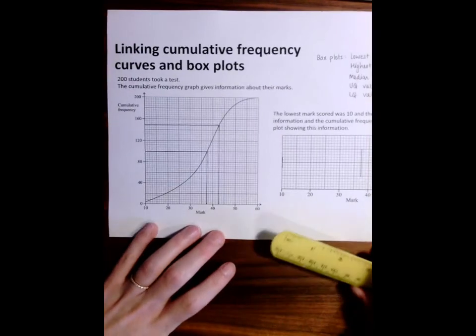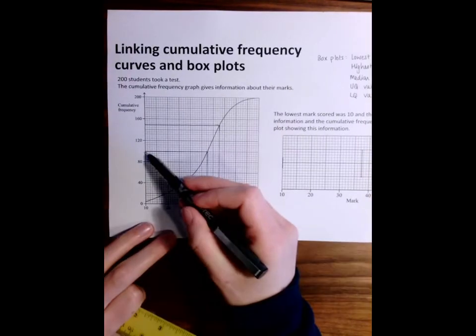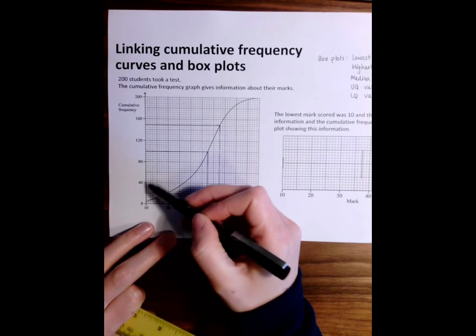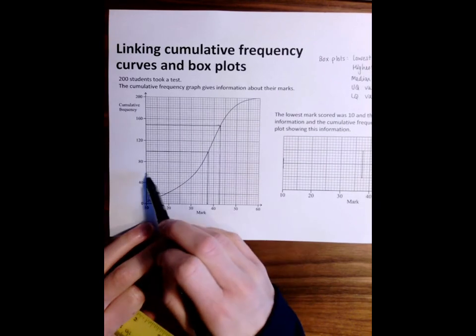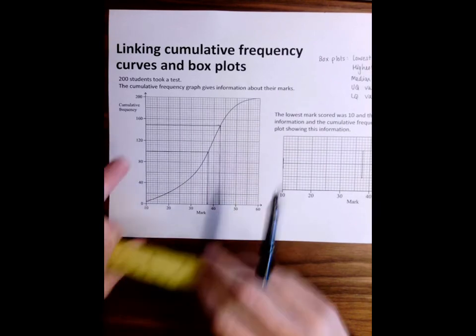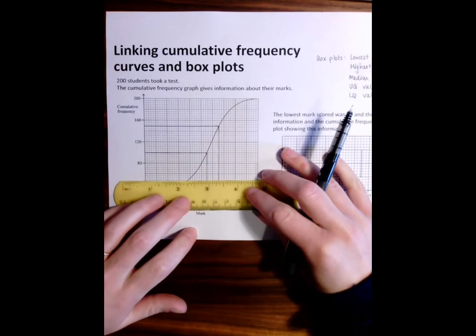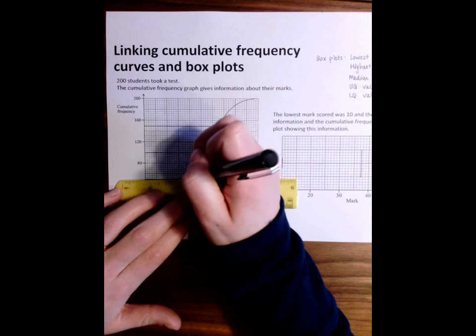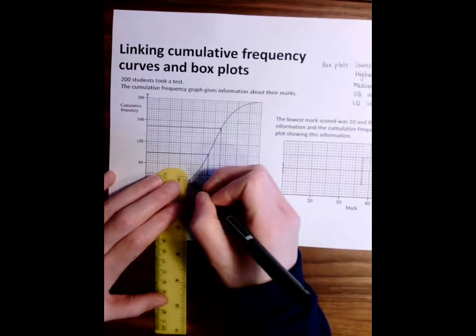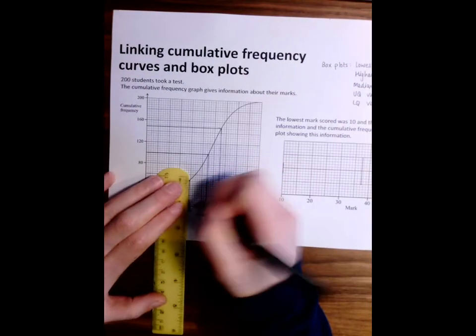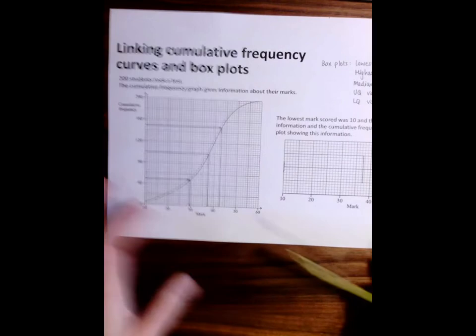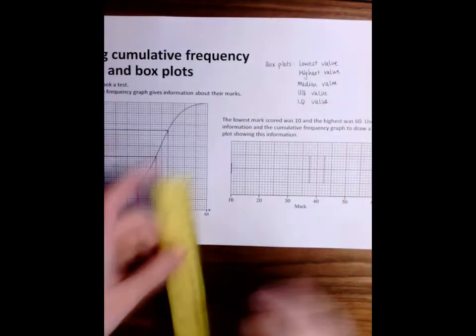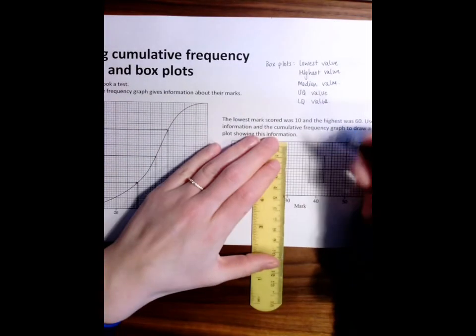And then do the same for the lower quartile, so we are in between 100 and 0, so that would be 50. And again, because of the scale, this part here would be 60, so 50 would be in the middle of there. So 1, 2, 2.5, up. Go all the way across until you meet the line. Gives me 29.5. So 29.5 is here.